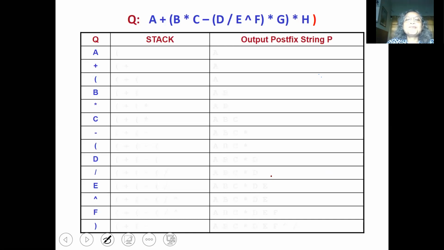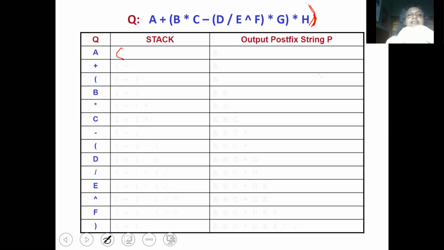Now we can work out another expression which is slightly longer. So Q is A plus, parenthesis, B star C minus, parenthesis, D slash E to the power F, into G into H. You know, all these parentheses are there. So this is my expression. This right parenthesis is what we have incorporated, and in the stack we put a left parenthesis.